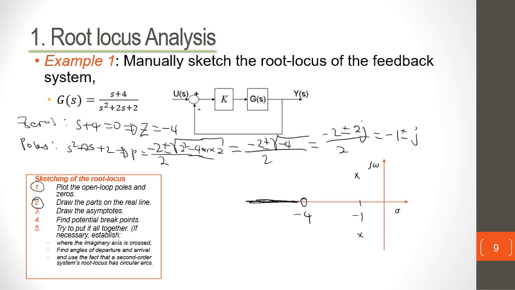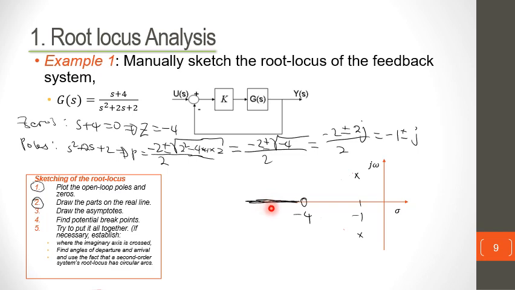At this point we know that one of these poles must go to the zero, and somehow these poles must all end up somewhere on this line.